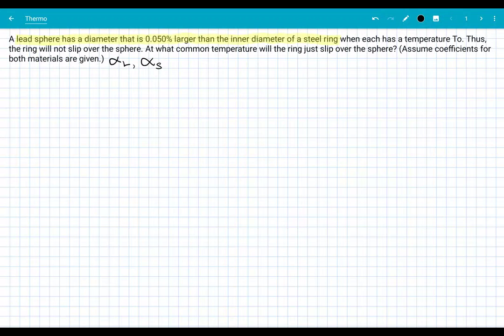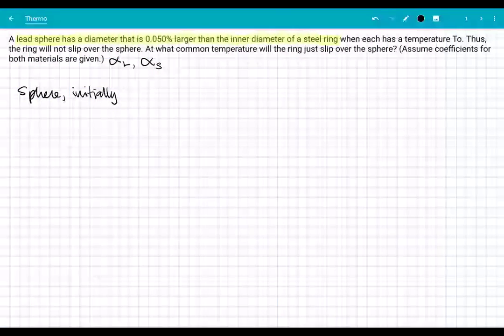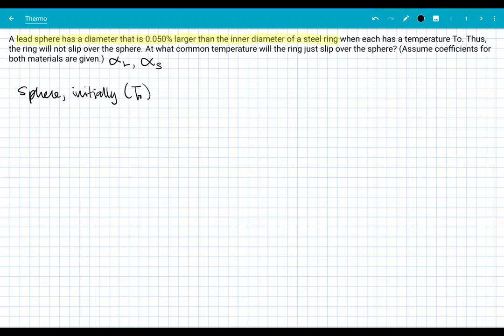So the initial diameter of the sphere, so we'll say sphere initially. So that means at this initial temperature, T naught. I could say the diameter of the sphere, let's see, I'm using S for steel, so I'll use D, I'll use 1 for the sphere there, is equal to the diameter of the ring, right, plus a little bit.